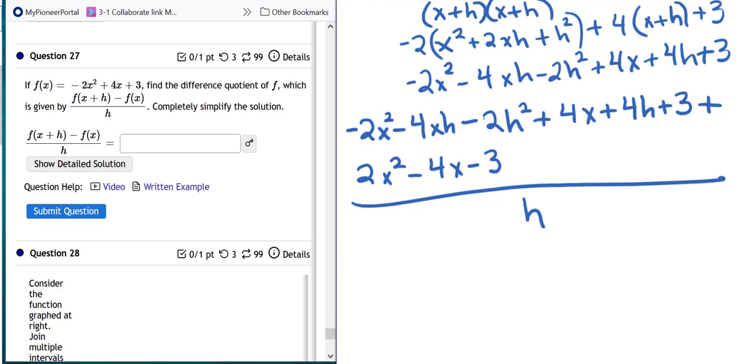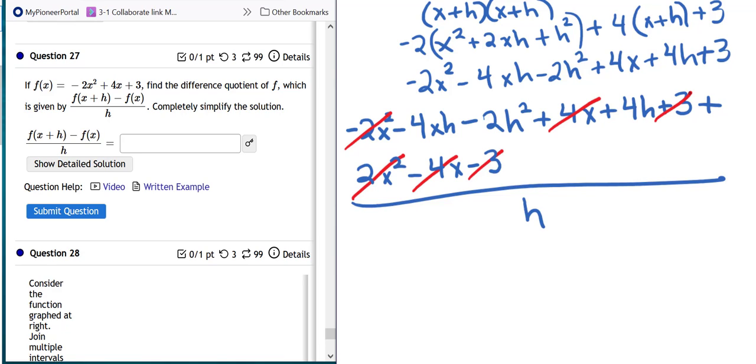All right, so get a red pen and see what we can cross off. So looks like I can get rid of 4x and minus 4x. I can get rid of negative 2x squared plus 2x squared, minus 3 plus 3. And that looks like all I can get rid of right now.